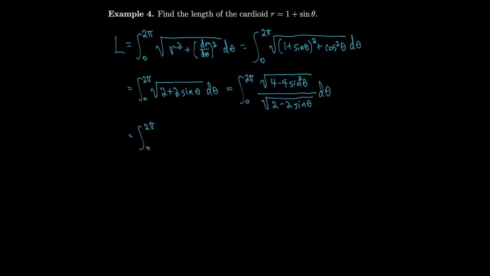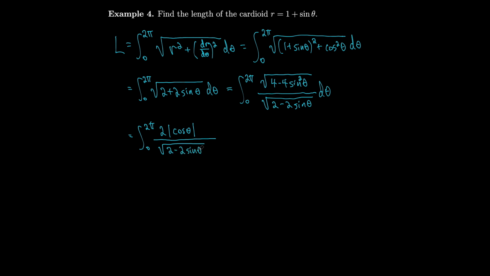So I take the square root of 4 times (1 minus sine squared). 1 minus sine squared is cosine squared, so it's the square root of 4 cosine squared. So that's 2 times the absolute value of cosine. Do be very careful here. When you take the square root of something squared, you need the absolute value, otherwise your integral will be all wrong, especially in this case.